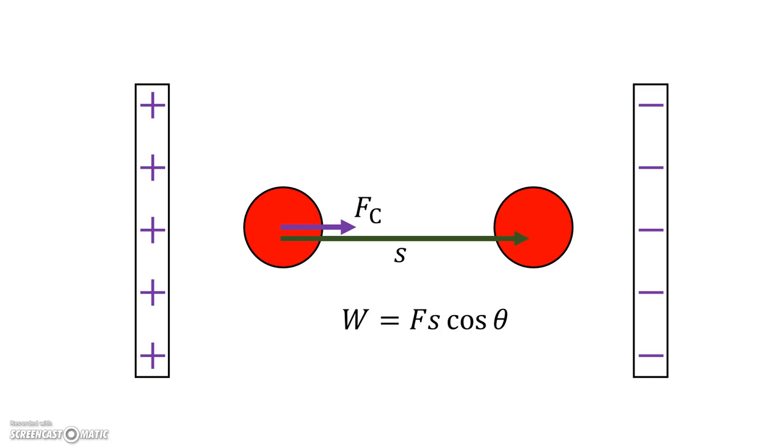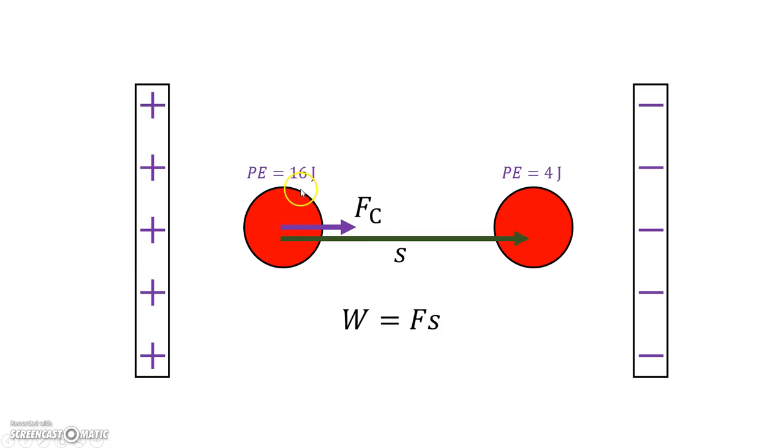So we're losing potential energy, but is the work positive or is it negative? Well, the angle between the force arrow and the distance or displacement arrow is 0 degrees because they're in the same direction. Cosine of 0 is 1, and that 1 goes away. So the work is going to be positive.